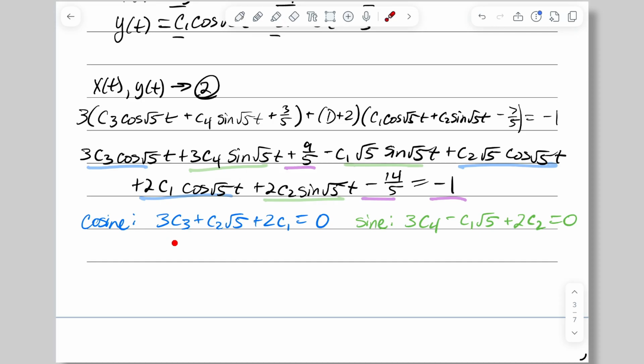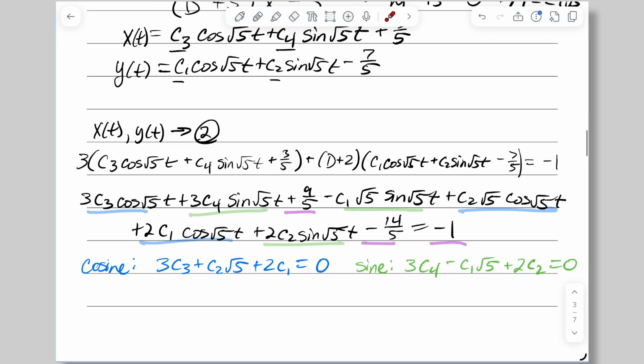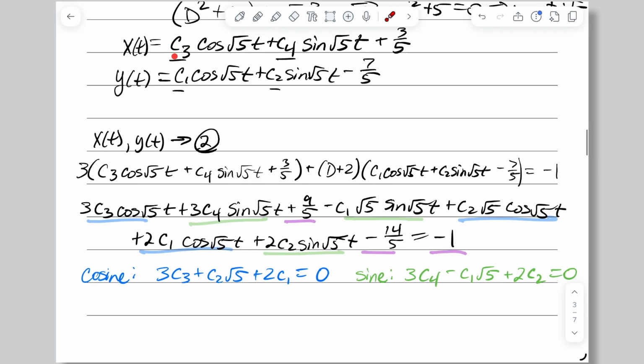But what we have now is C3, C2, and C1 all in the same equation. So we have a connection between C3, which was the constant that we got in x, and C1 and C2, which were the constants that were present in y. In the sine equation, we've got C4 in relation with C1 and C2 in the same equation.